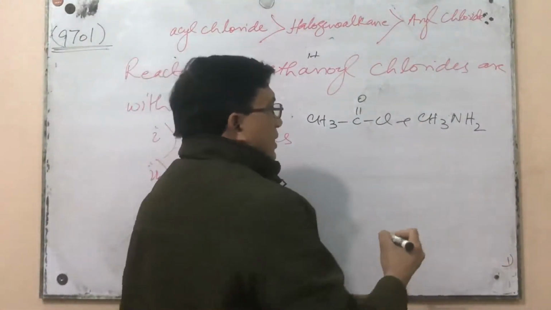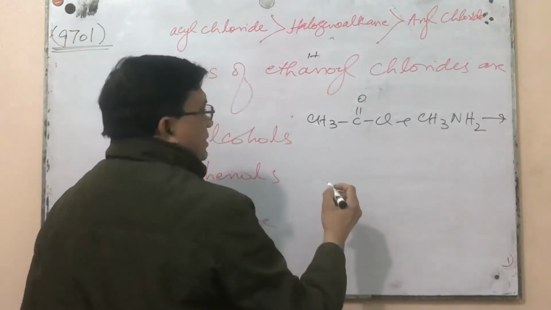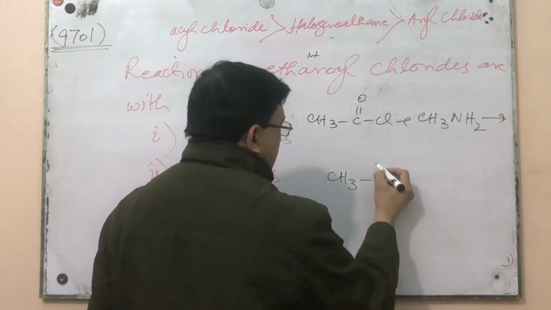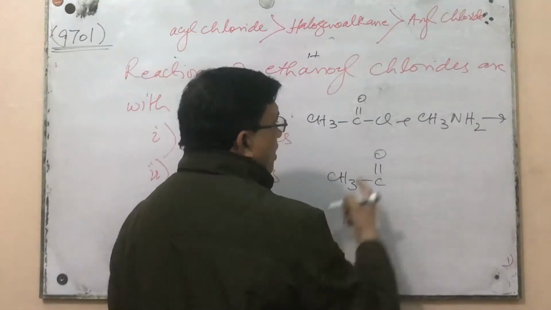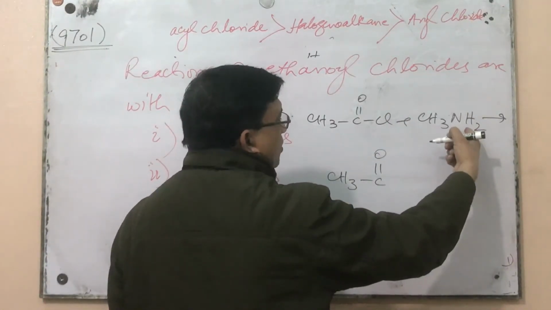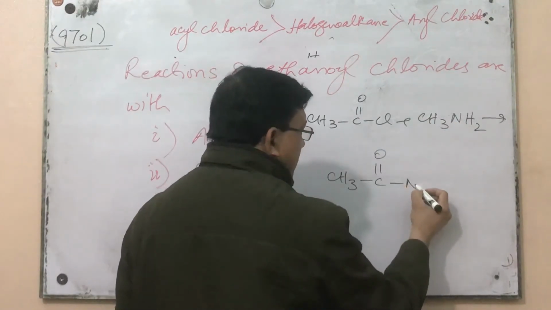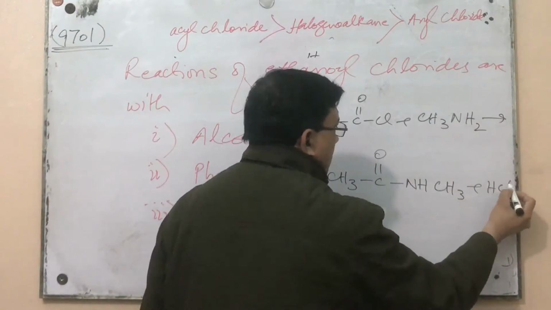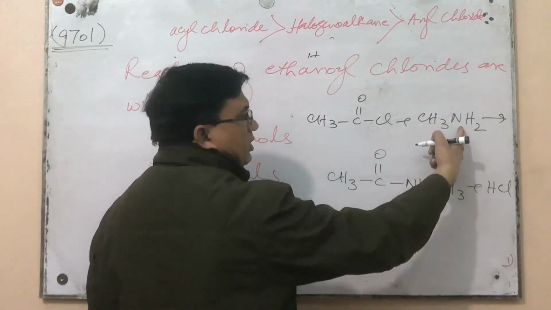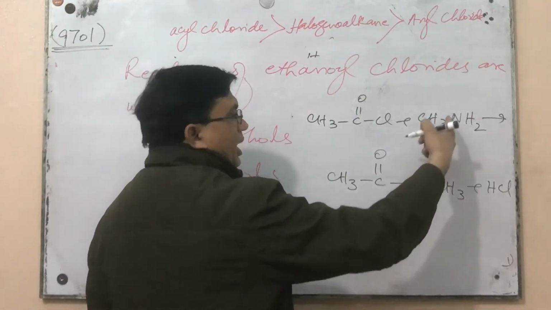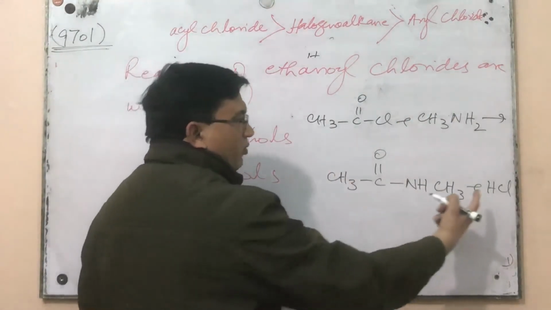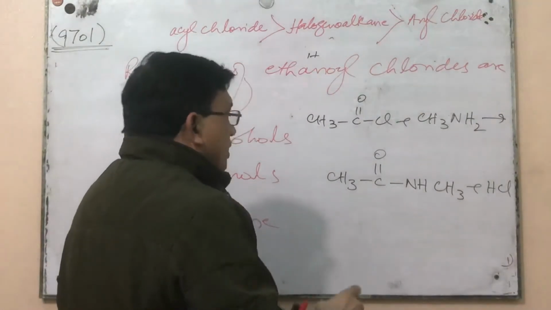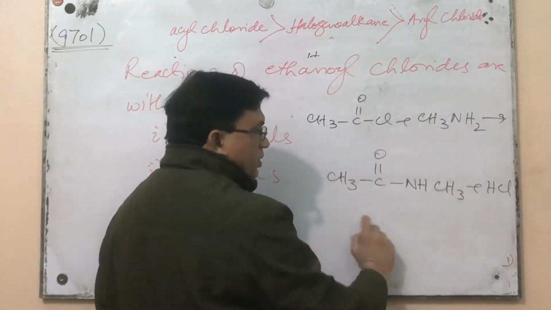If we treat, a reaction will take place and we will get the product as CH3C double bond O. Chlorine will be replaced by one hydrogen from this, and we will get automatically NH and CH3 plus HCl. One hydrogen is removed from the amine, and that hydrogen will bond with chlorine forming HCl, which is eliminated in the gaseous state. Now this product is produced.